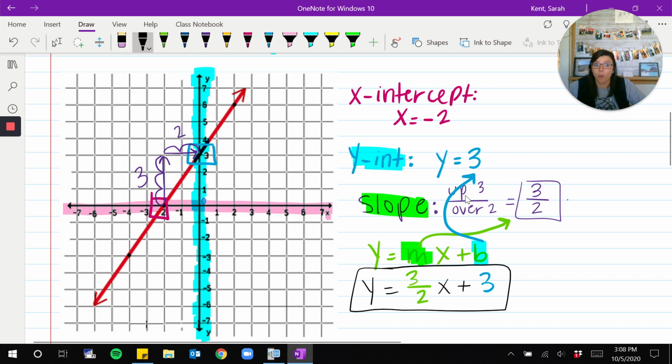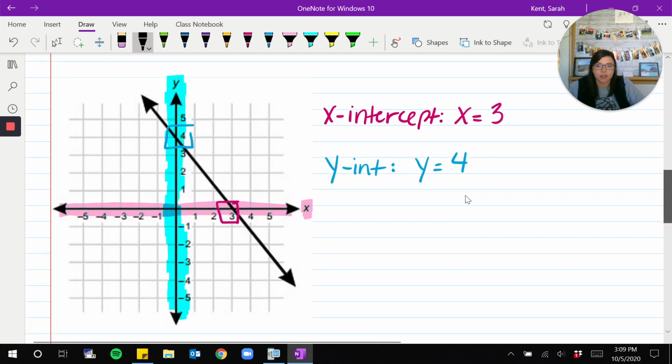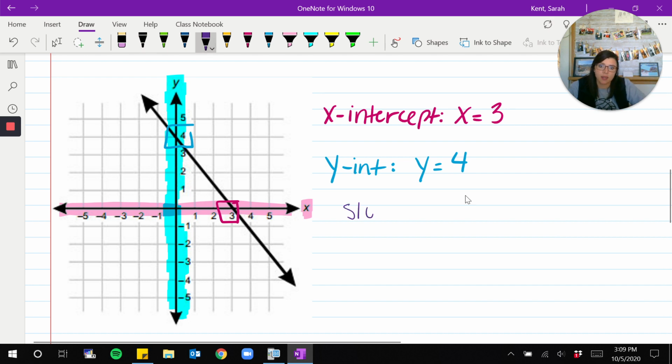All right, we've got one more just to make sure we really got it. So here on this last one, again, we found the x-intercept, we found the y-intercept. So the last piece we need is the slope. And on this one, to get from 4 to 3, now we're going to go down. So we want to know how many down are we going and how many over are we going.